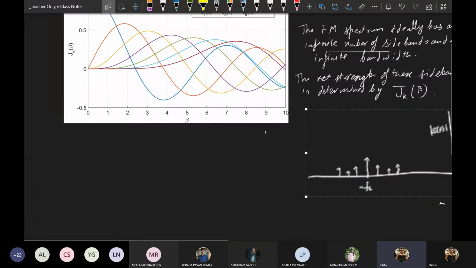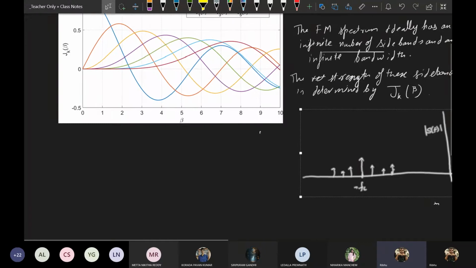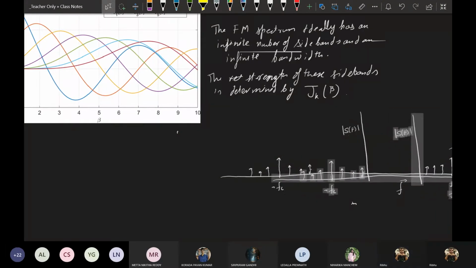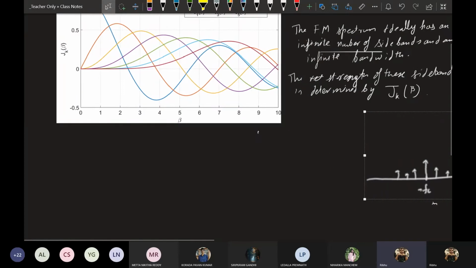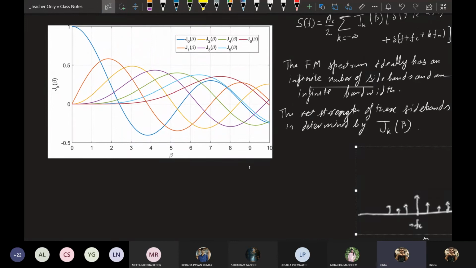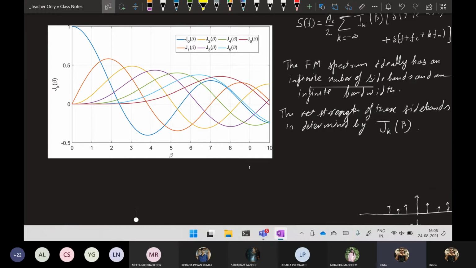So I'll just move this picture over here to give us some space. Yeah, so this gives us enough space. So now let us look at some properties of the Bessel function.